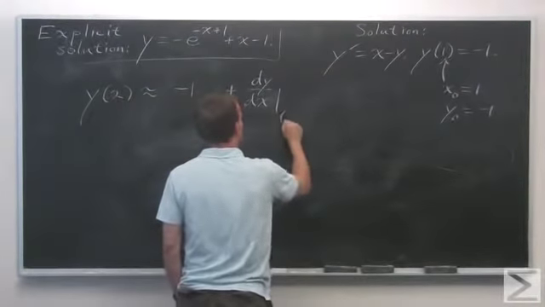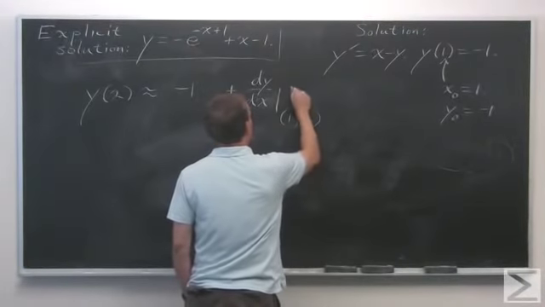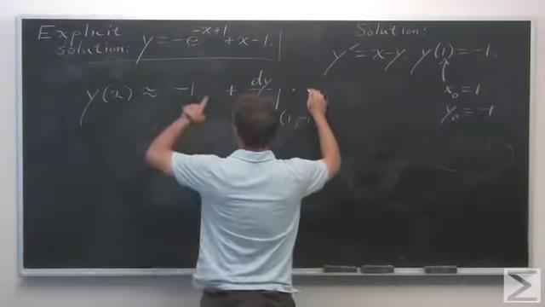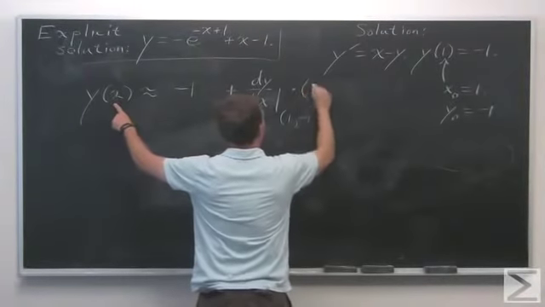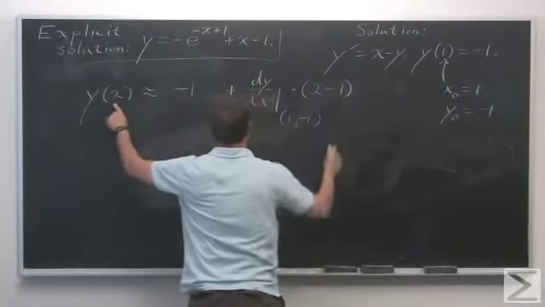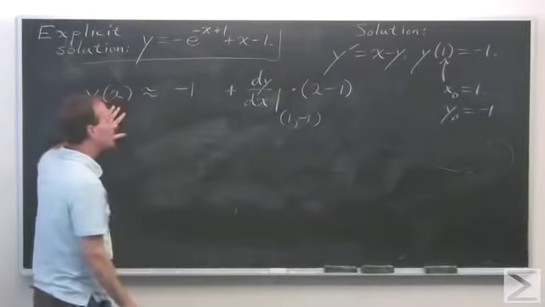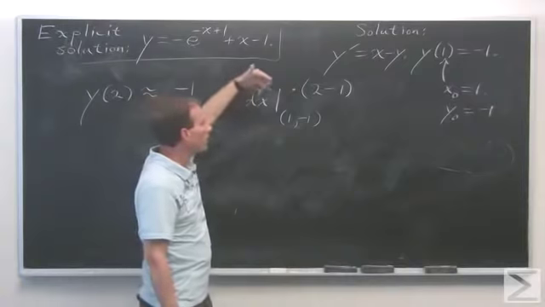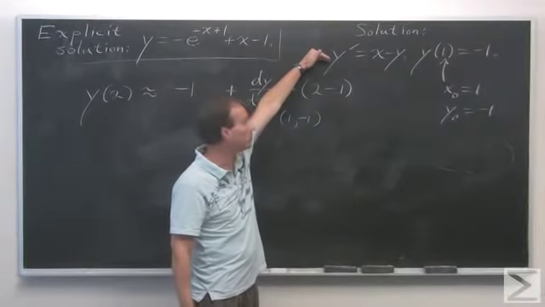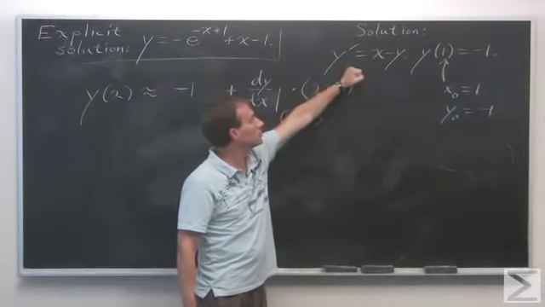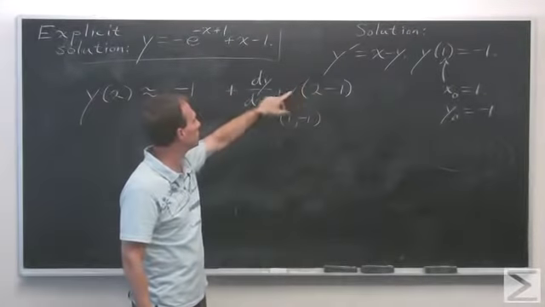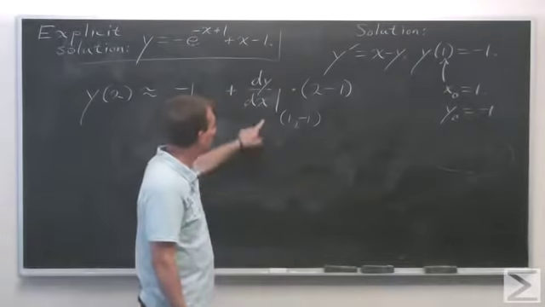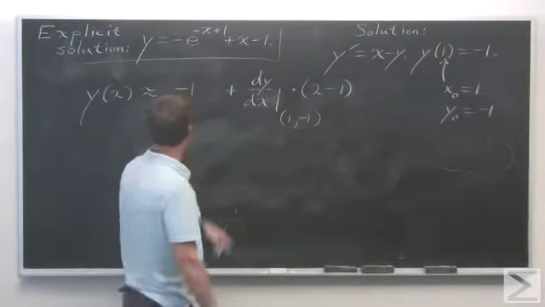We're evaluating this at 1, minus 1, times the change in x. Well, we're trying to figure out what's happening when x is 2. We start at x equals 1. So this is what linear approximation tells you, but we're trying to apply that to a solution to this differential equation, where dy/dx is y prime, and it should just be x minus y. So here, you can fill in this part.